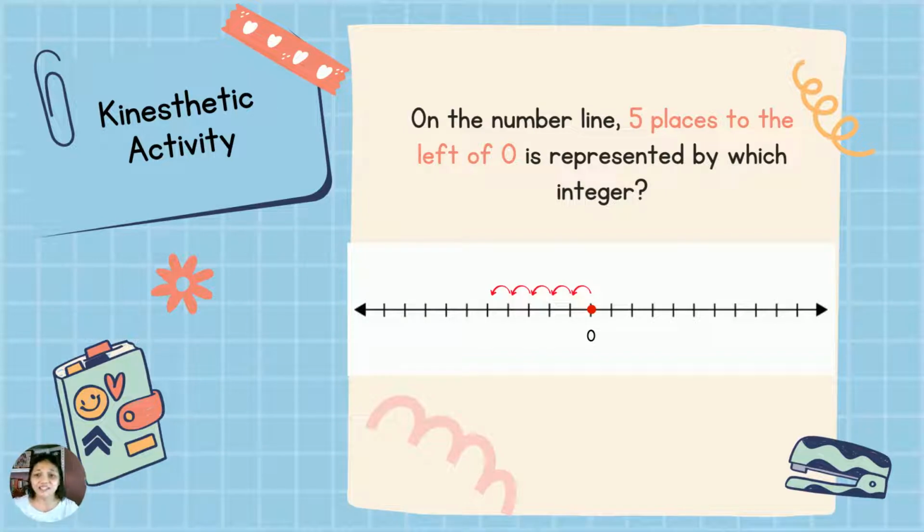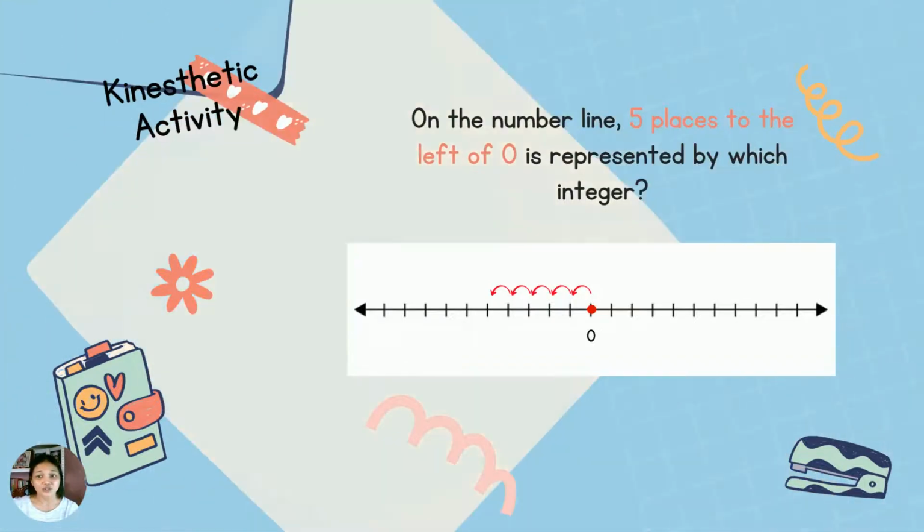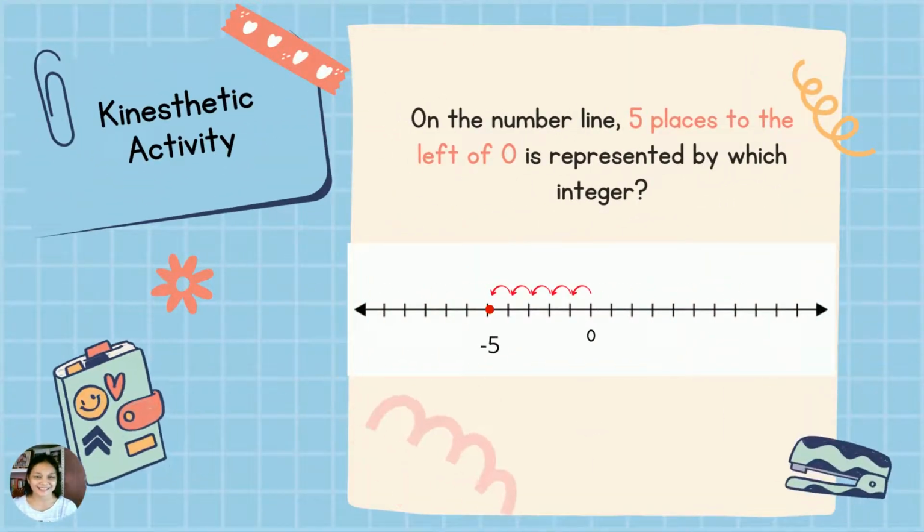Ayan. So since papunta siya sa left, ano sabi? All numbers to the left of 0 is negative. Diba? Negative. So that means it should be negative 5. Kasi diba 5 places from 0 to the left. So that will be negative 5. Alright? Nakuha nyo, kids? So ganun lang siya.